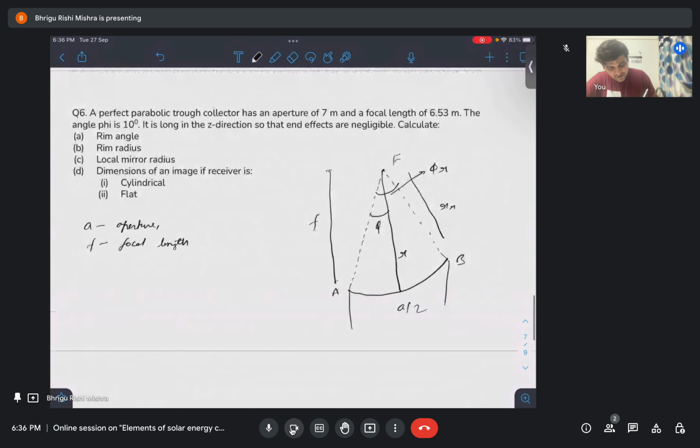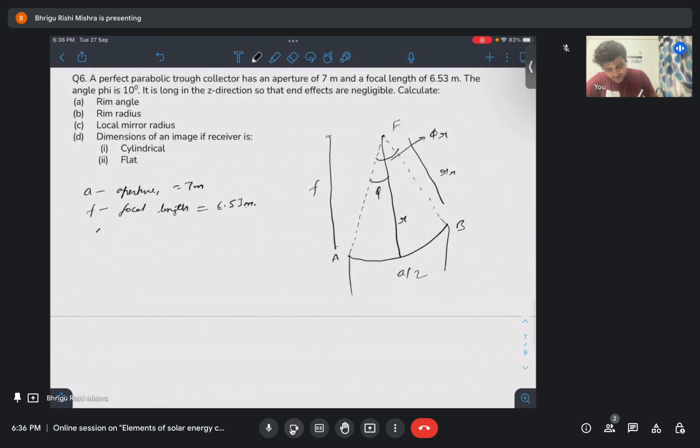So aperture is given as 7 meter, focal length is 6.53 meter, and phi is 10 degree.